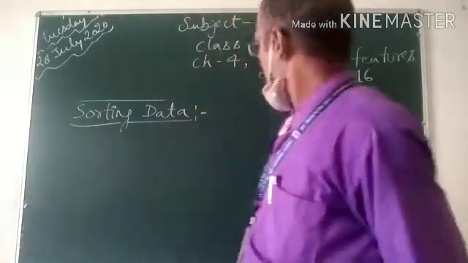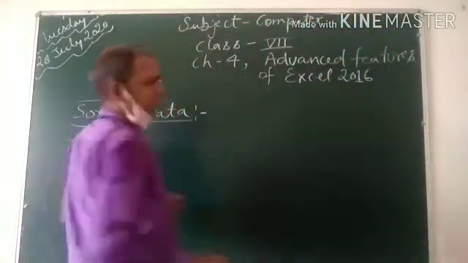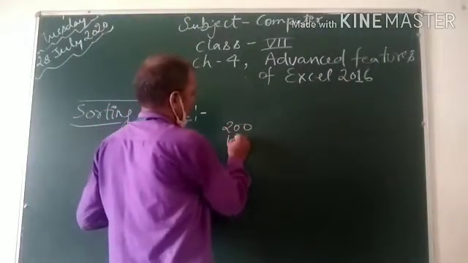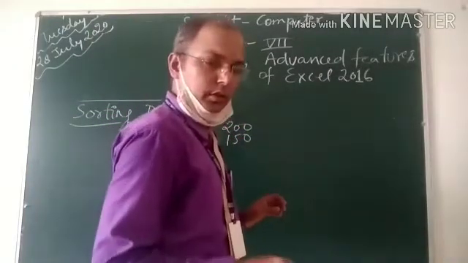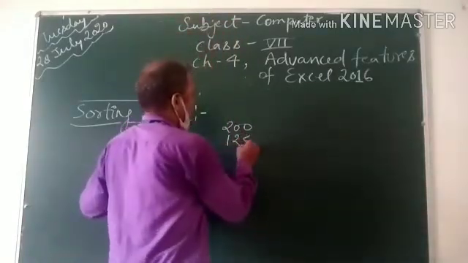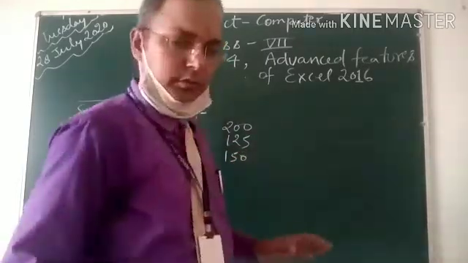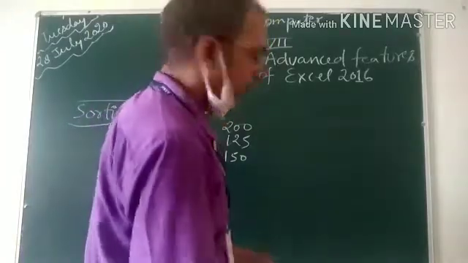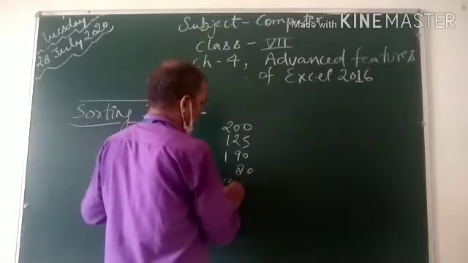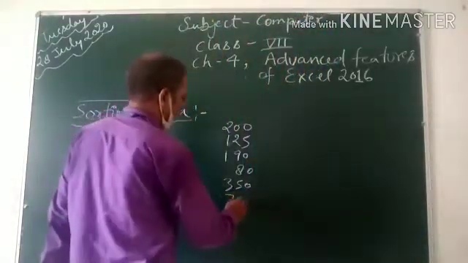First, select the cells or range of cells that you want to sort or arrange. Suppose, for example, the numbers are 200, 150, 125, 190, 80, 350 and 700.